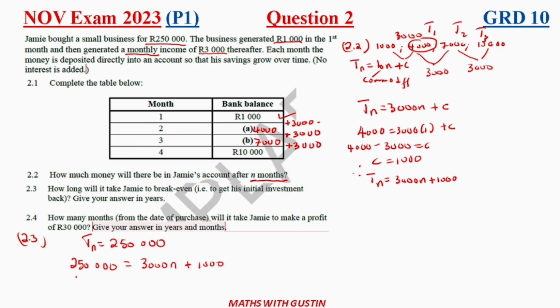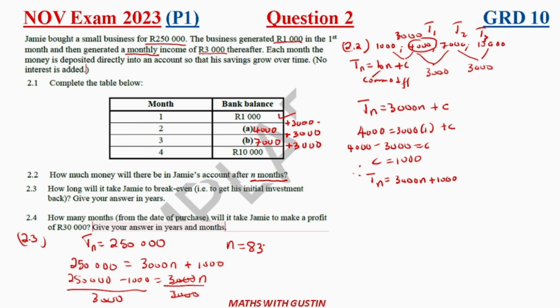Take 1000 to the other side, it's going to be 250, 123 minus 1000 equals 3000n. All right, therefore you divide everything by 3000. Then we put this into our calculator here. So n is going to be equal to how much? n is going to be equal to 83. If you punch that into your calculator, we're going to get 83, because here 3000 and 3000 go out. We are left with 83 here.